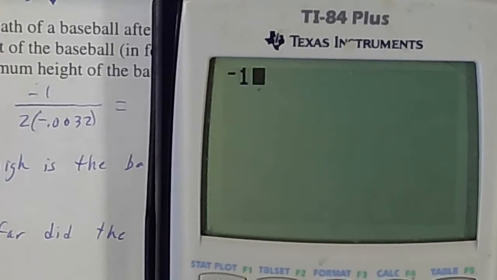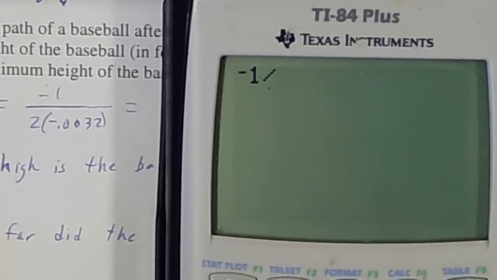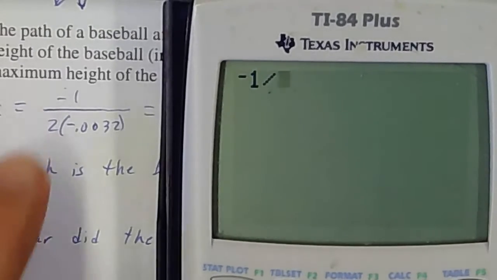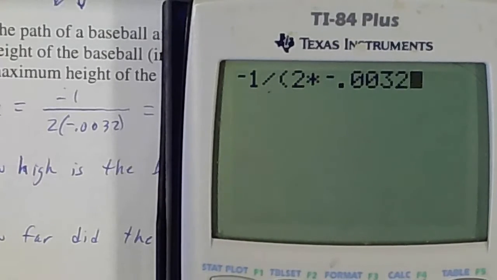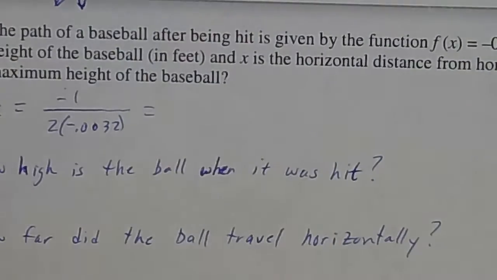Negative 1 divided by, but not just one thing. I need to divide it by a product. So you have to put parentheses right here. 2 times negative 0.0032. It's got to be expressed like that. And we'll get our x value. Okay, 156.25 is x.